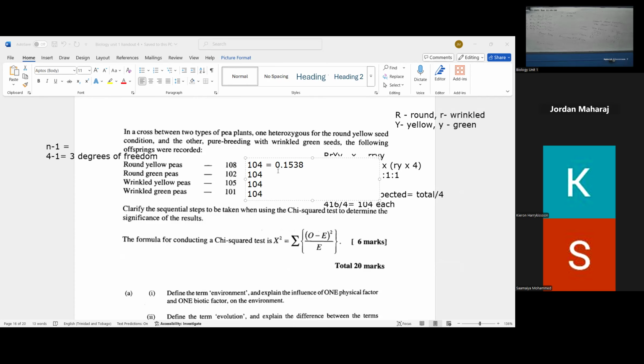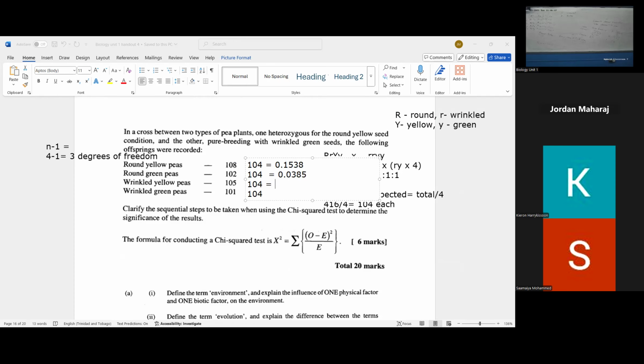We're doing it for the second one as well. 102 minus 104 is negative 2. 2 squared is 4. 4 divided by 104 is 0.0385.